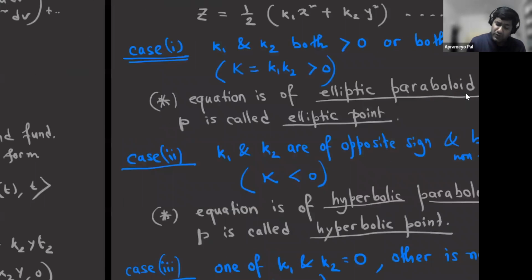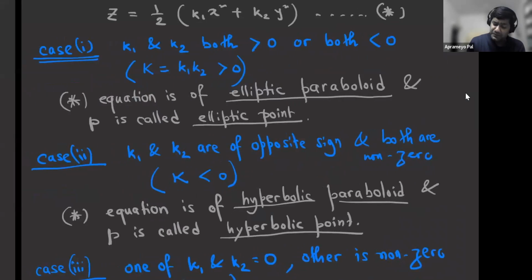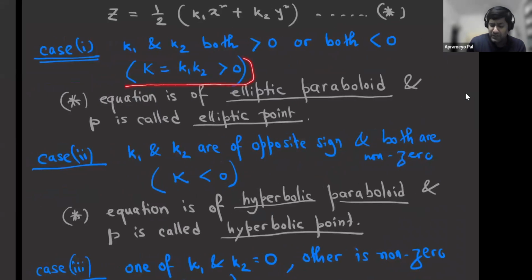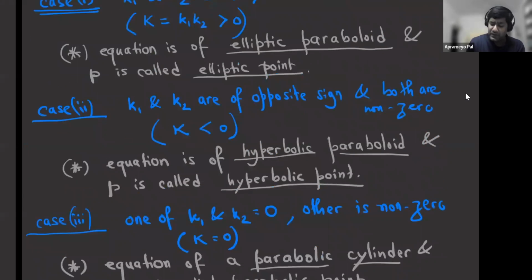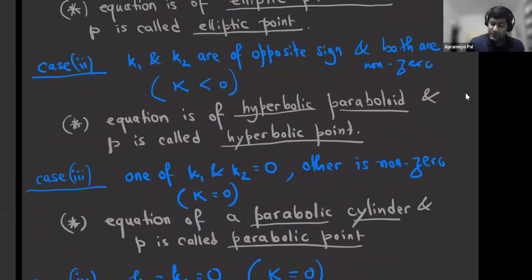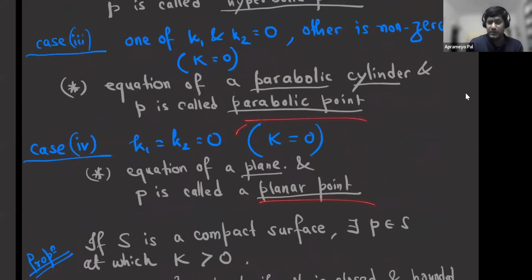And then we divided in terms of Gaussian curvature into 3 cases: K positive, strictly negative, and equal to 0. Accordingly, we called them elliptic point, hyperbolic point, parabolic point, and planar point.